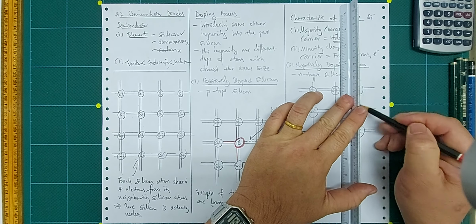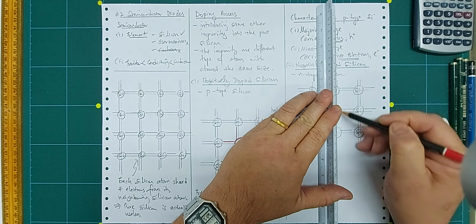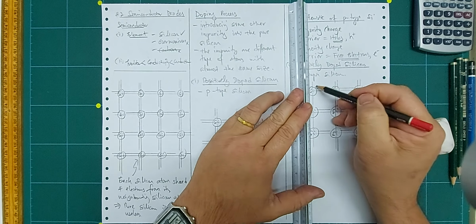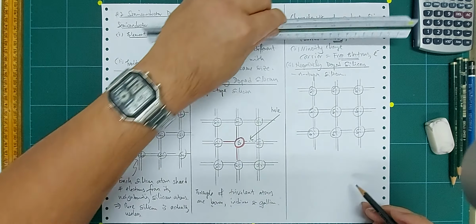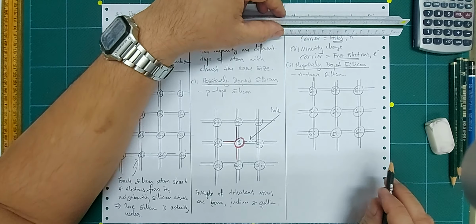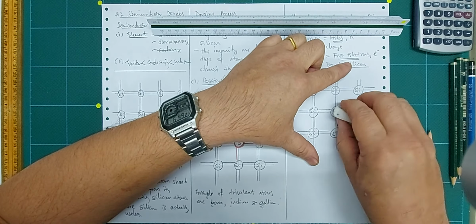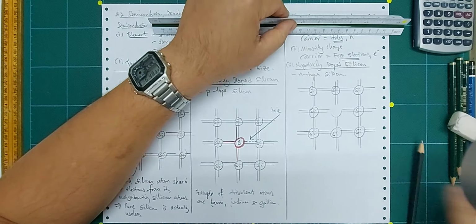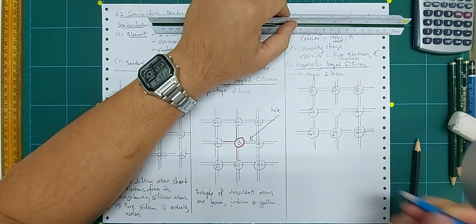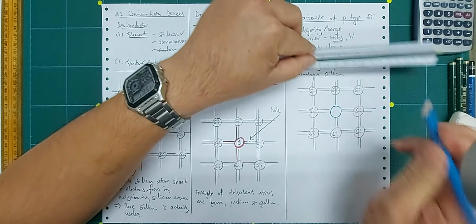So now we are going to introduce something that contains more electron, to make it become a negative type of silicon. To do that, we need to replace one of these atoms with a pentavalent. Pentavalent means they actually have 5 electrons.